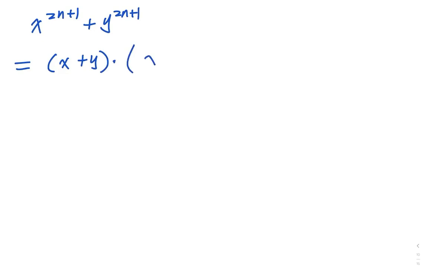x to the power 2n plus 1 plus y to the power 2n plus 1. We can just do the same thing. We'll get x plus y times x to the 2n minus x to the 2n minus 1 y plus x to the 2n minus 2 y squared minus and so on.